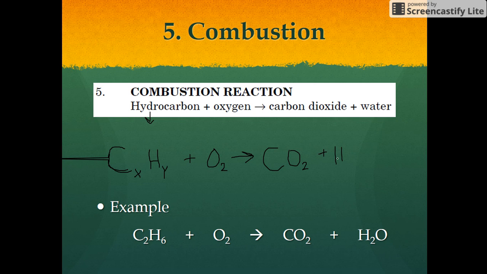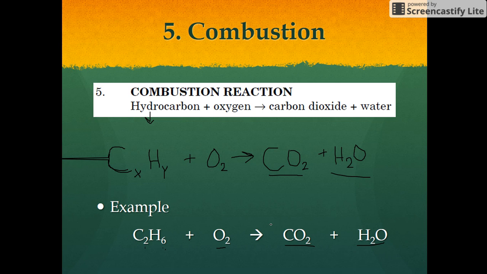All right, now this is always the case. If you see something that produces carbon dioxide and water, if there's a hydrocarbon, so a C something, H something in the beginning, then it's a combustion reaction, just like this example here. C2H6, those numbers, 2 and 6 can change, reacts with oxygen to make carbon dioxide and water.